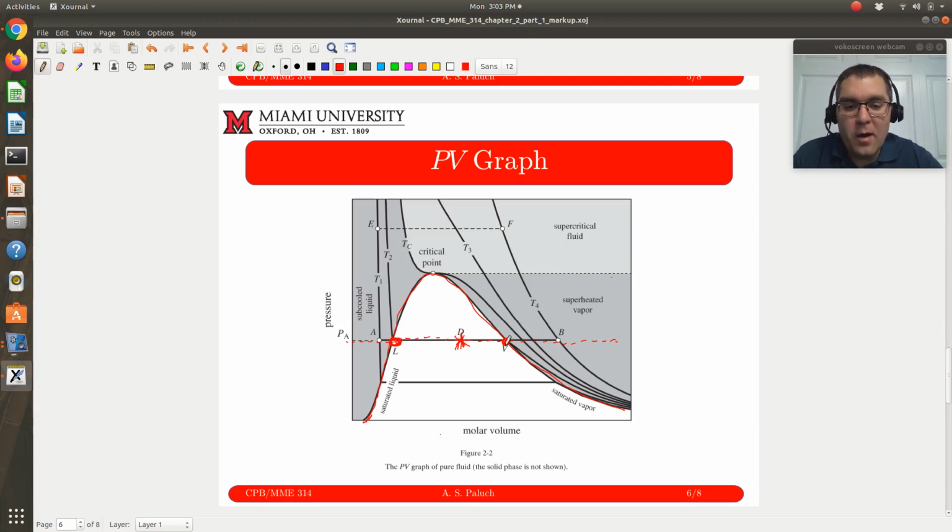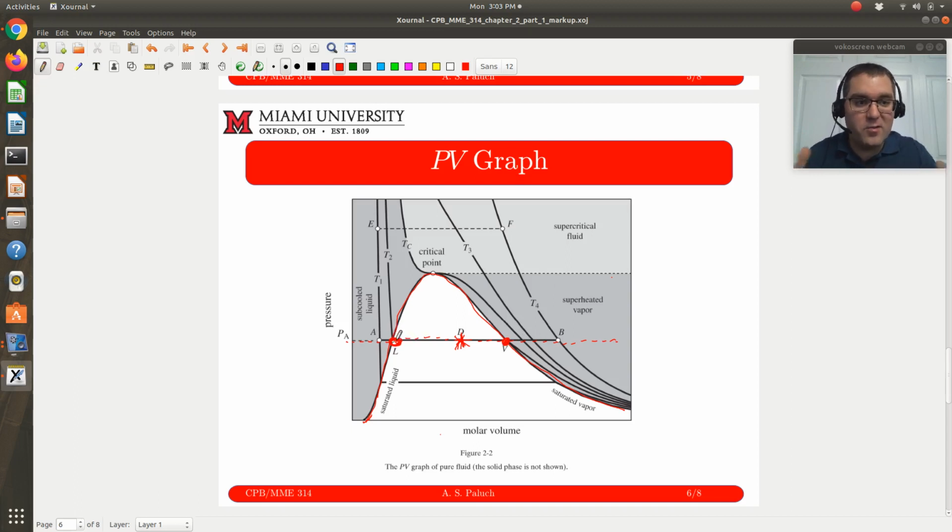Now, when I hit this right lobe, I said that corresponds to vapor, and the left corresponds to liquid. How do I know that? Well, I know that the molar volume, or specific volume, is the volume per mole or volume per mass of a substance. The specific volume or molar volume of a vapor is going to be larger than the molar volume of a liquid.